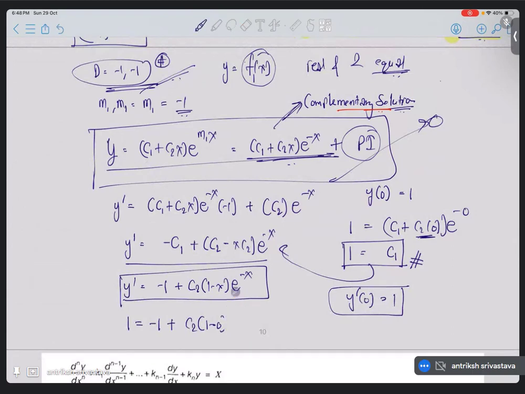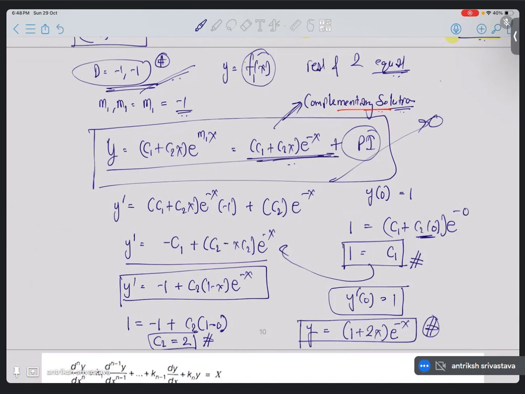So we get C2 is equal to 1 plus 1, 2. So let's put in the values of C1 and C2. Finally, y is equal to (1 plus 2x) e power minus x. So that is the expression that we are getting.